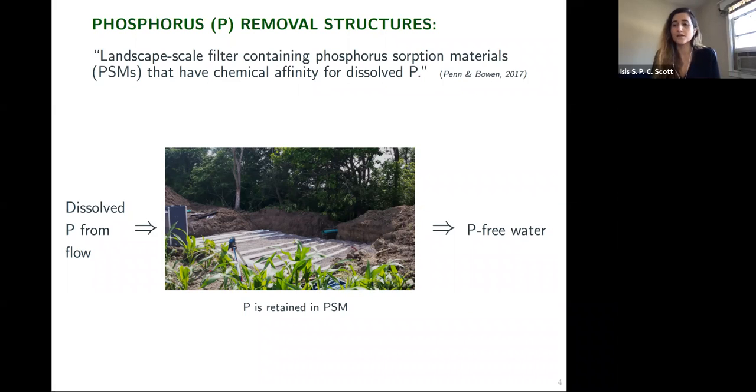It can be from a subsurface flow or surface flow. And that high phosphorus is normally greater than 0.2 milligrams per liter. And then that flow will be treated by the PSM inside the structure. It will flow through the PSM, and then we will end up with phosphorus-free or almost phosphorus-free water.